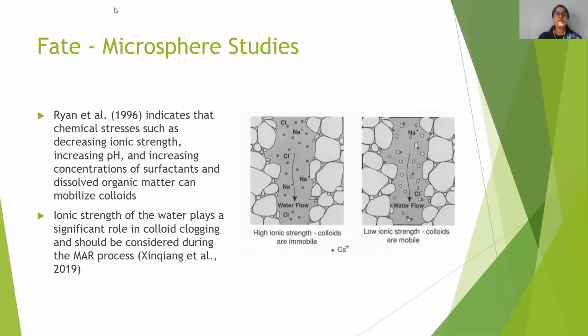And then there's also with an increase in the pH, increase in concentration of surfactants and the dissolved organic matter, all of these can mobilize the microsphere. The ionic strength plays a role in the clogging as well. So it is something that must be considered when you are doing managed aquifer recharge.